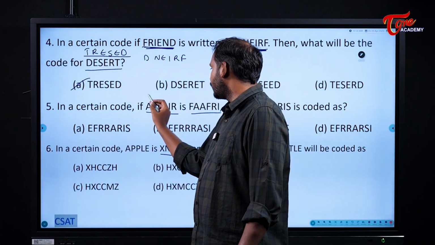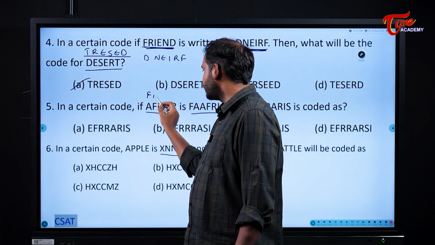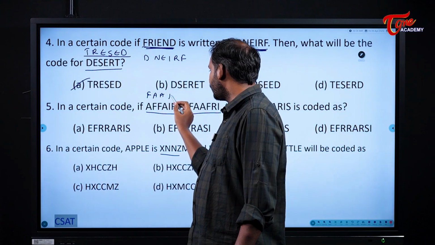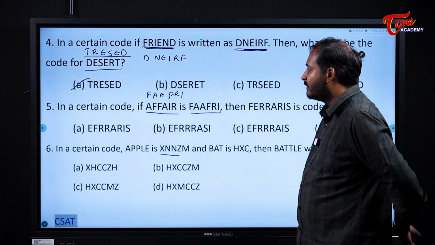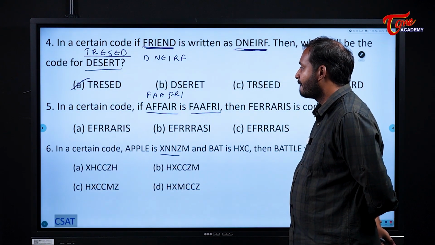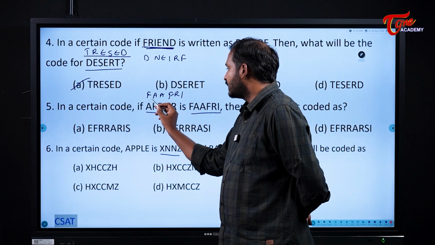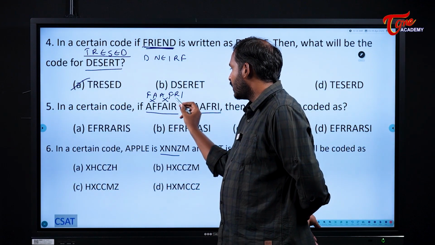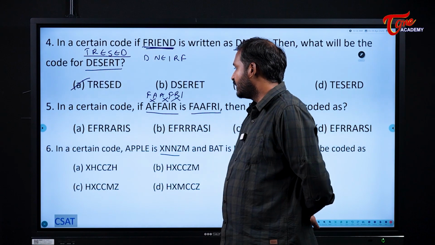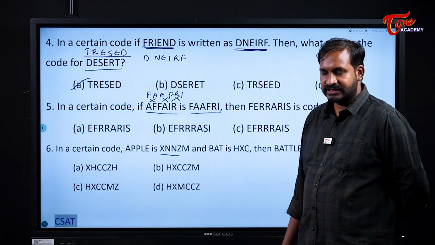So I will write one above the other to understand the concept. Now tell me what happened here actually. Two letters are exchanged, right? F and A, and F, R and I and R. Two letters are exchanged. The same thing.